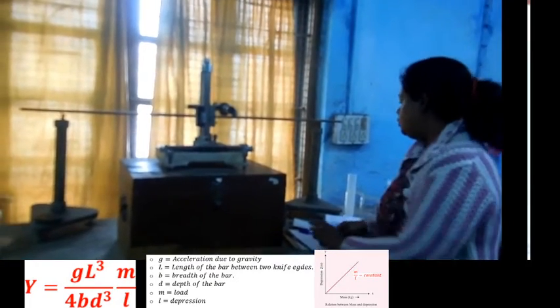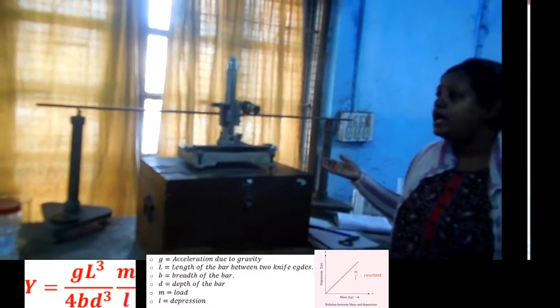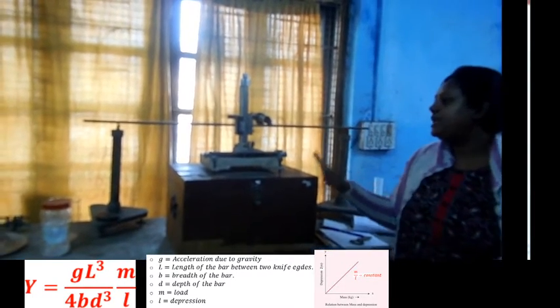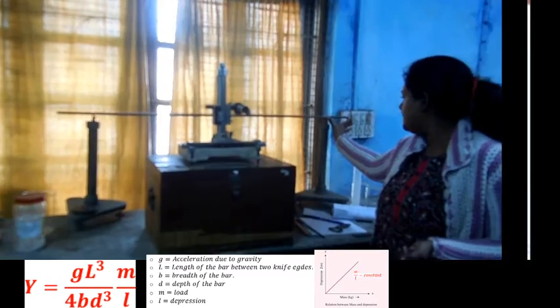Next, the length of the bar we have taken here is 1 meter. It can be repeated for other data also, say 90 centimeter, 110 centimeter. But it is to be kept in mind that on this side and that side the bar should be symmetrically placed on the stirrups, and this one should be placed exactly in the middle.